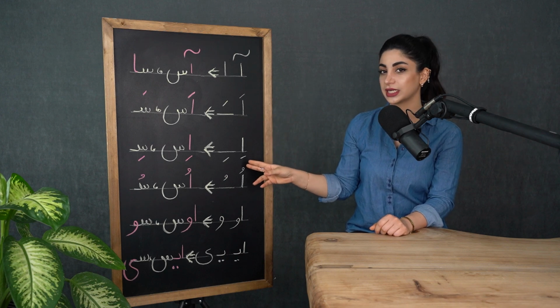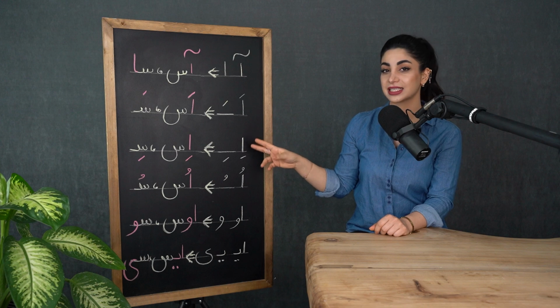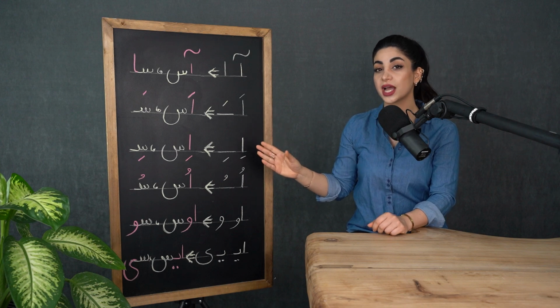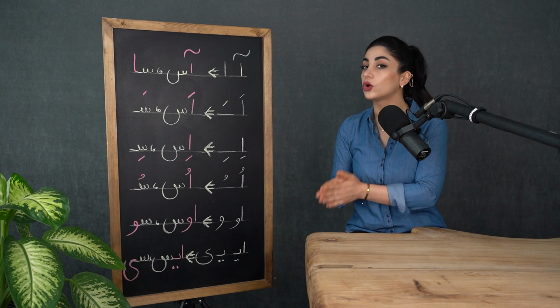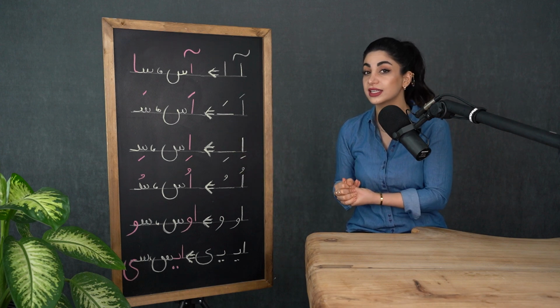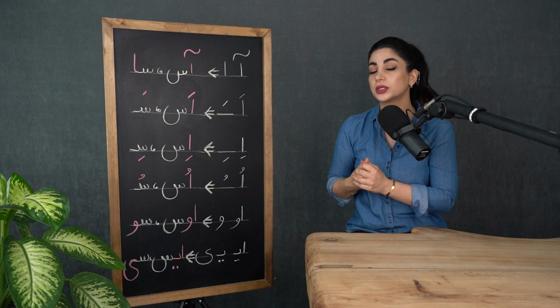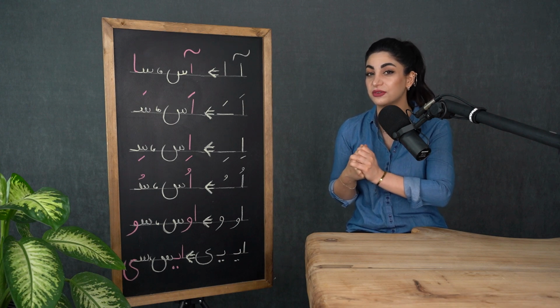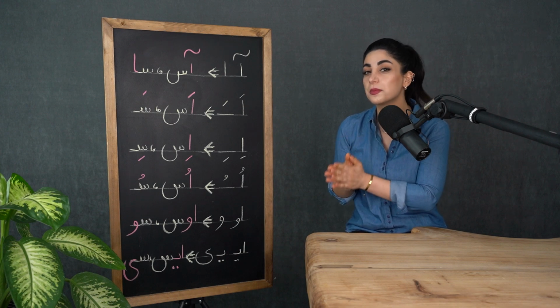What about this one? E is exactly the same as this one. The first one doesn't attach to anything, always comes first. And this one attaches to lowercase consonants and makes the sound like itself and comes in the middle.